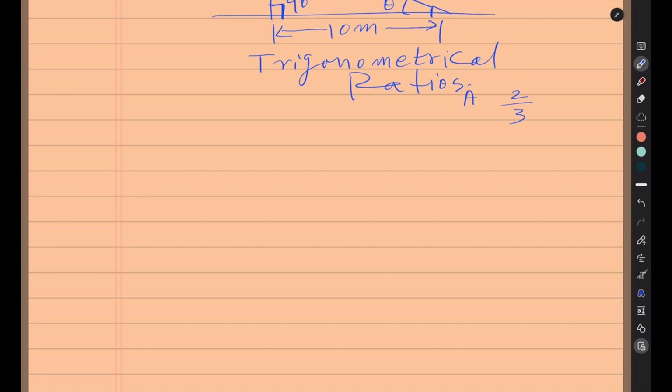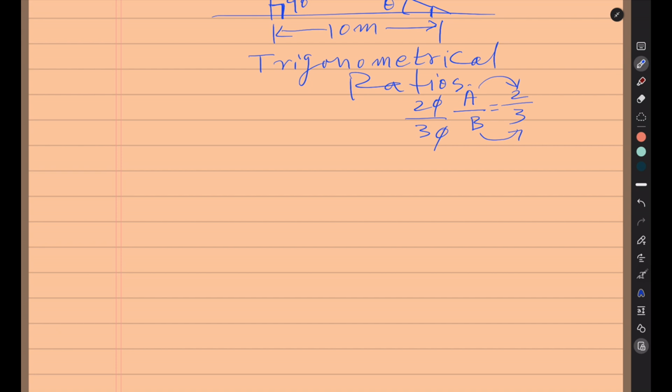If there are two things, one is defined by A, another defined by B, and the quantity of A is 20 and quantity of B is 30, then we can say that it is in 2 by 3 ratio. So that is all about ratio.